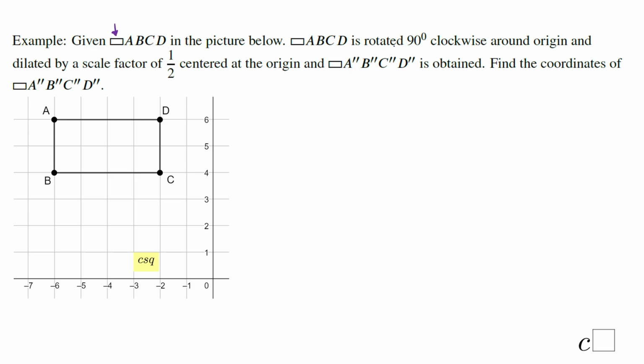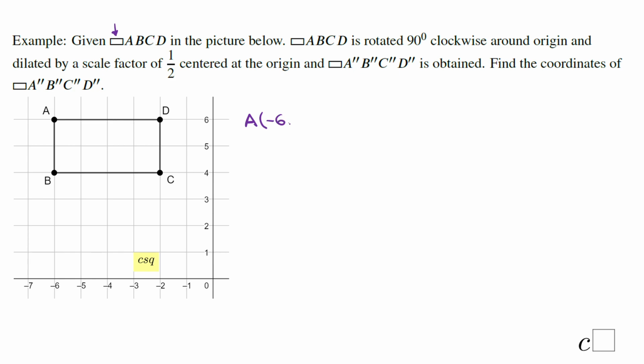This rectangle is rotated 90 degrees clockwise and dilated by a scale factor of 2 centered at the origin, and we get this rectangle A double prime, B double prime, C double prime, D double prime. Find the coordinates of that one. So we're going to grab the coordinates of point A, and that is (-6, 6).